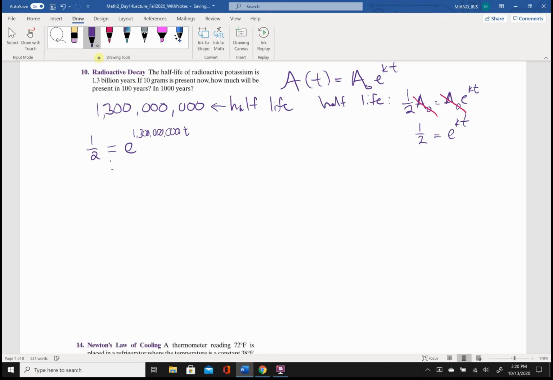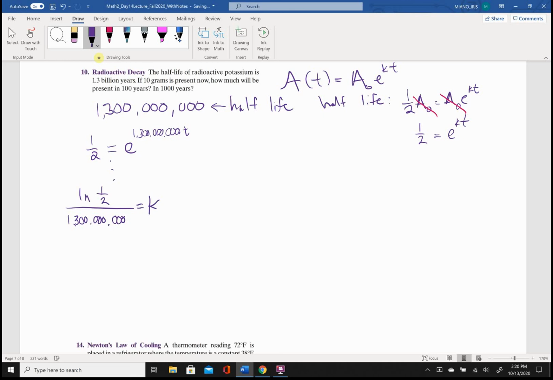If we solve this for k, it'll look like the following: the natural log of 1/2 divided by 1.3 billion. Type that into your calculator, and you're going to get the following.